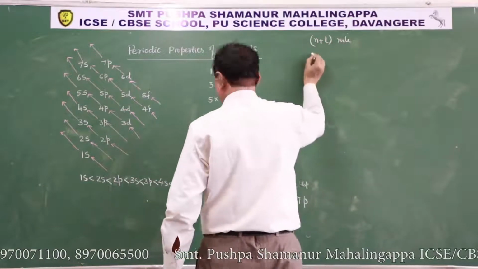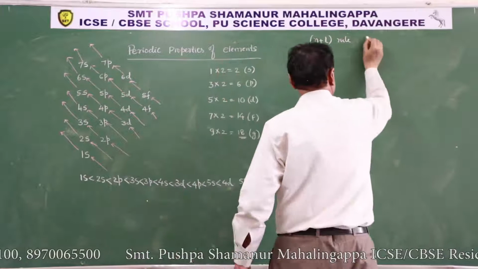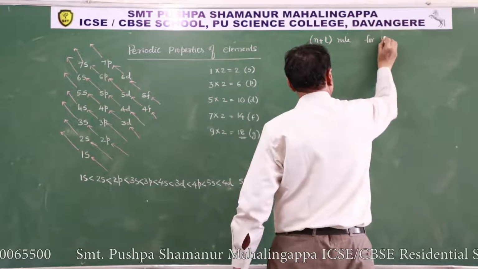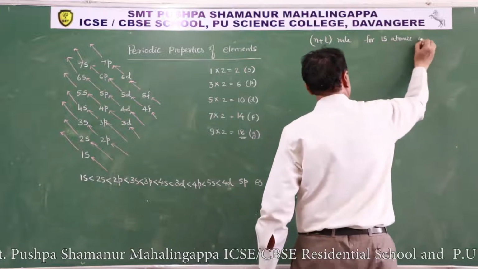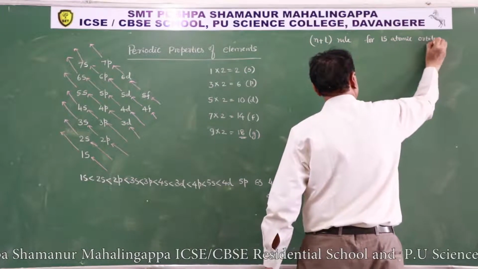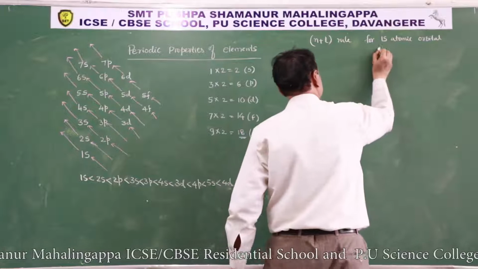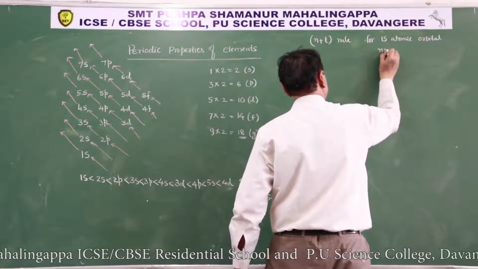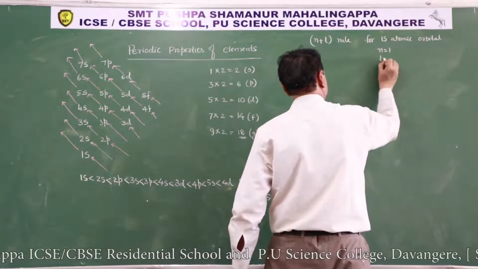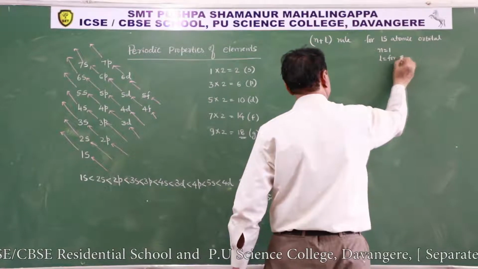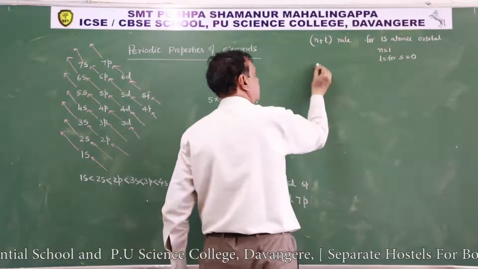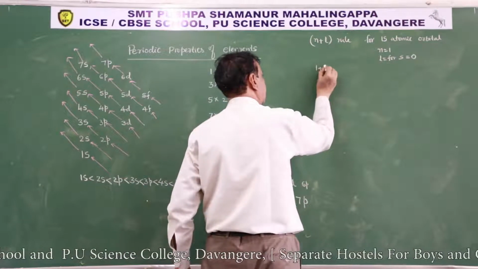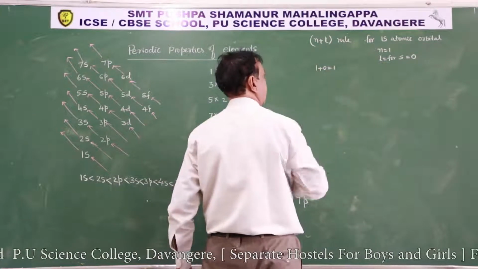for example, for the 1s atomic orbital, n value is equal to 1 and L value for s is equal to 0. Therefore, 1 plus 0 is equal to 1.